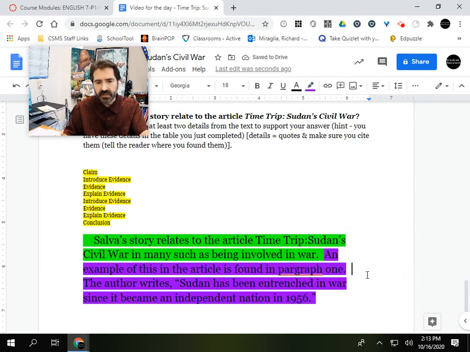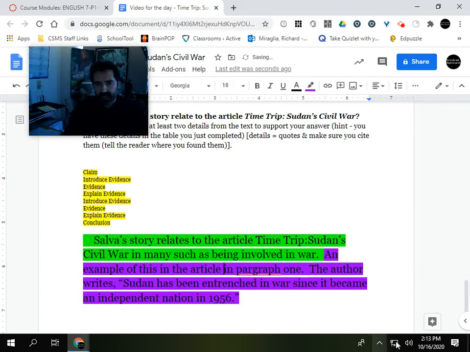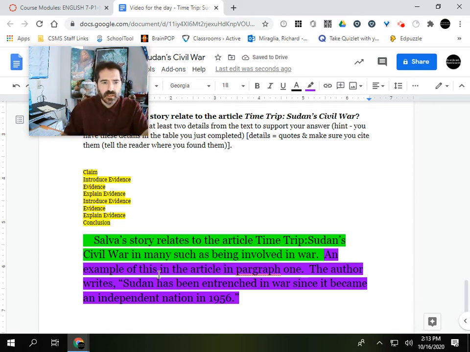An example of this is in the article. Notice how I'm just constantly editing, seeing if it makes sense. An example of this is in the article in paragraph 1. The author writes, Sudan has been entrenched in war since it became an independent nation.